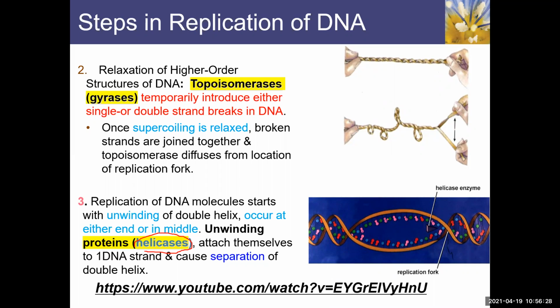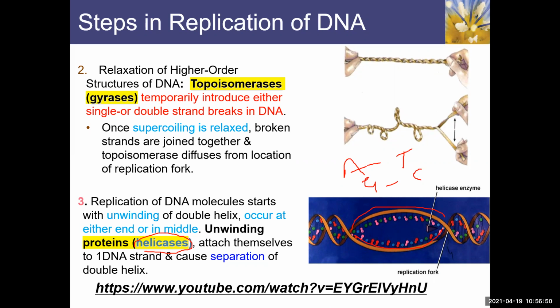They break the bond between adenine and thymine, or guanine and cytosine. As a result, the DNA strands will be separated from each other. It will unzip the DNA strand, and a replication bubble is formed.